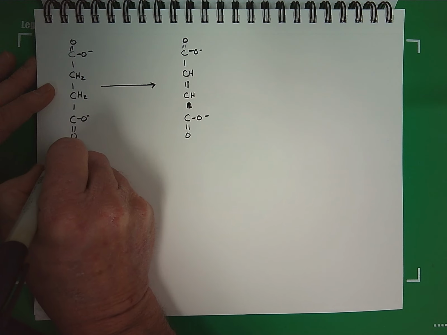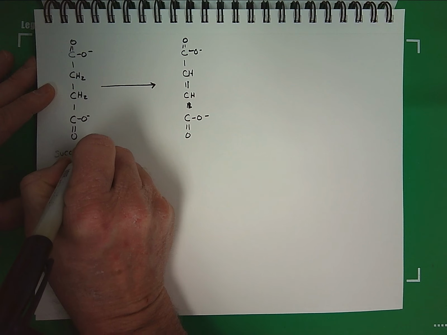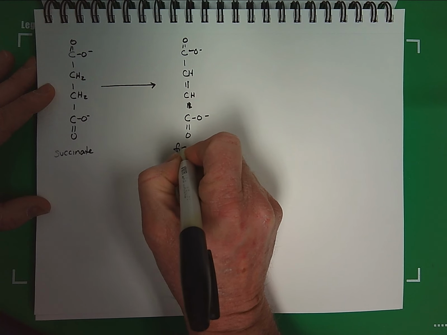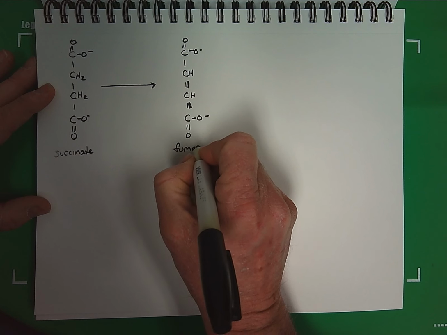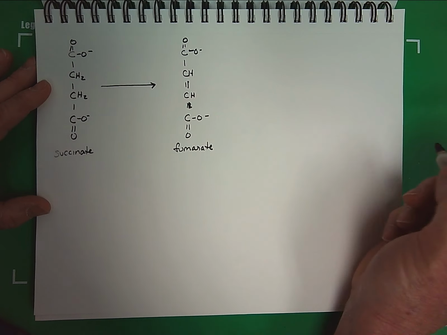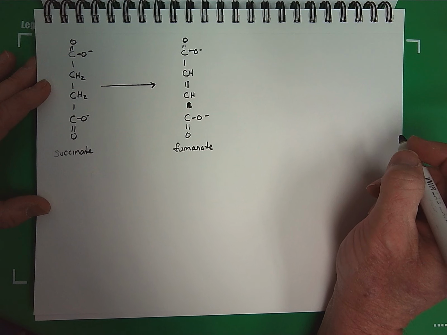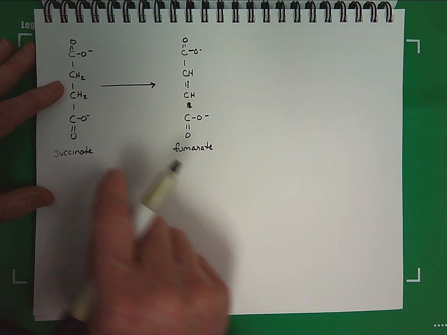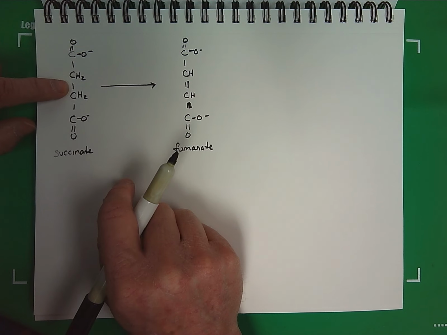This is succinate. This is called fumarate. Now notice what we've done here is we've generated a double bond between the two middle carbons.